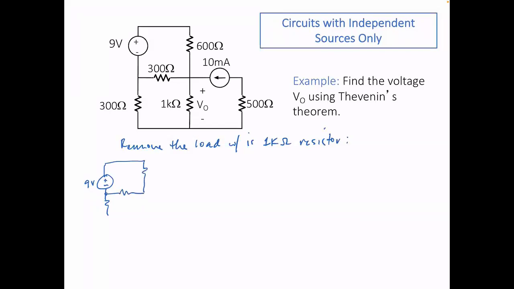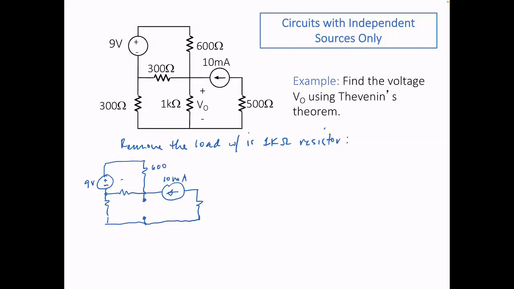I just redraw it very quickly. So tinanggal natin yung 1K. So this is 600. This is 300.